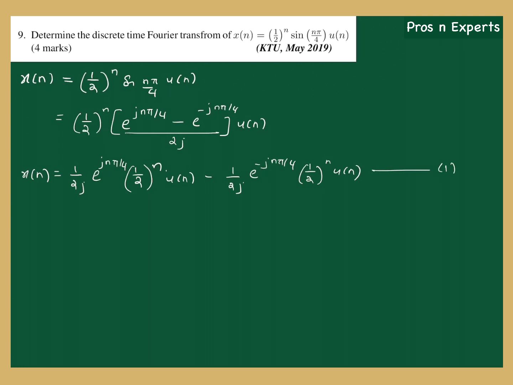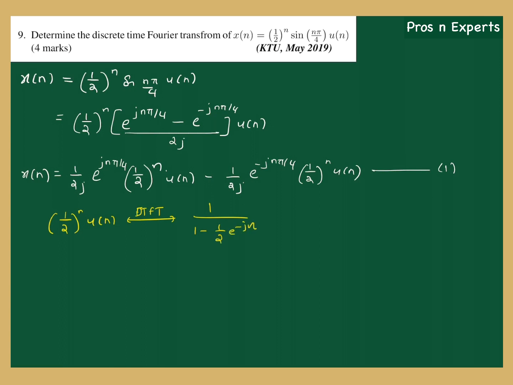We need it. Now let me invite your attention to some results you have in the discrete time Fourier transform. Half raised to n u of n has a Fourier transform, a DTFT, which is a standard result, nothing but 1 by 1 minus half e raised to minus j omega.